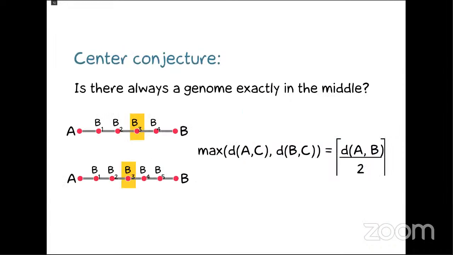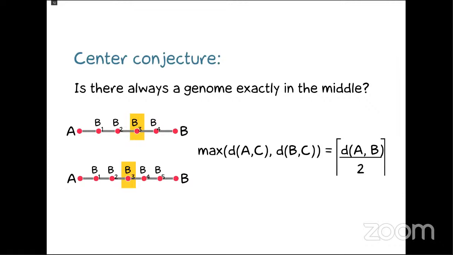All right, so given that background, our goal in this paper was to examine the following question. Can we always find the genome exactly in the middle between A and B for any 2 given genomes, A and B?